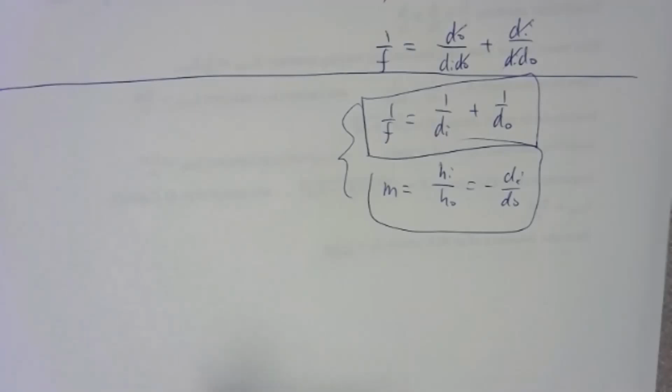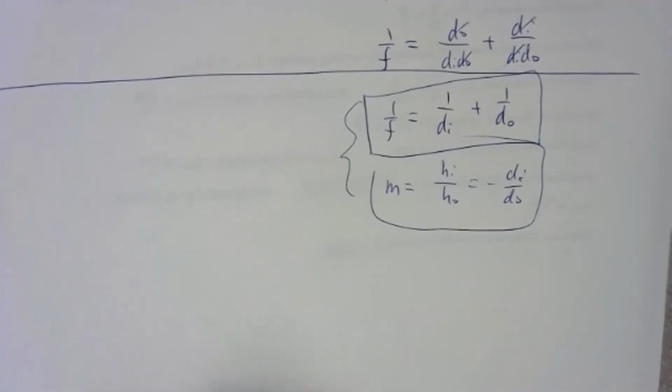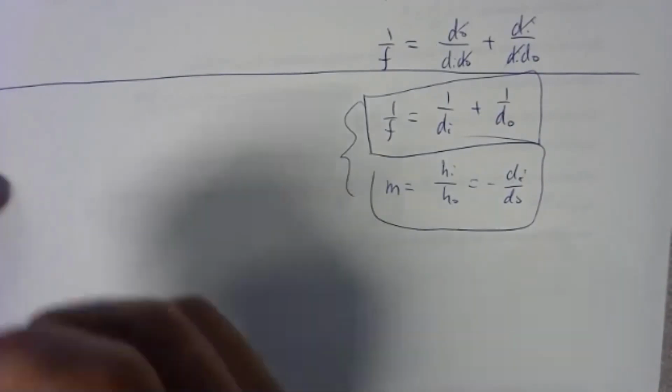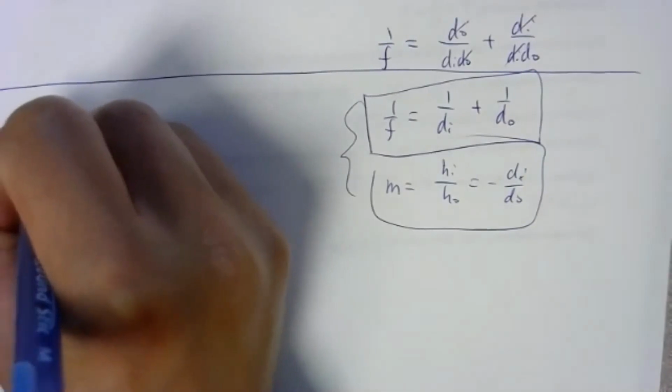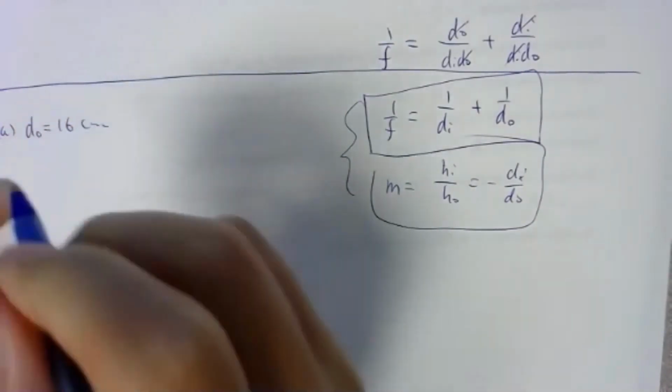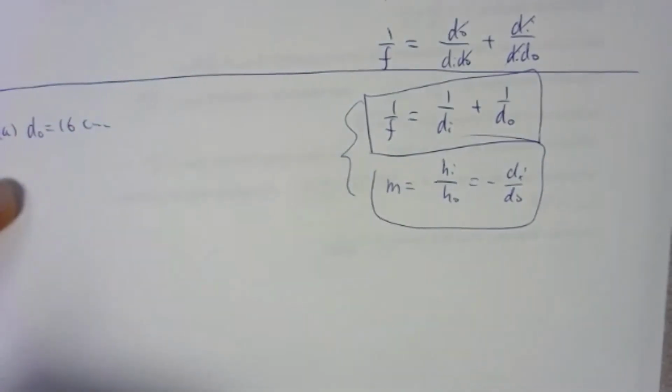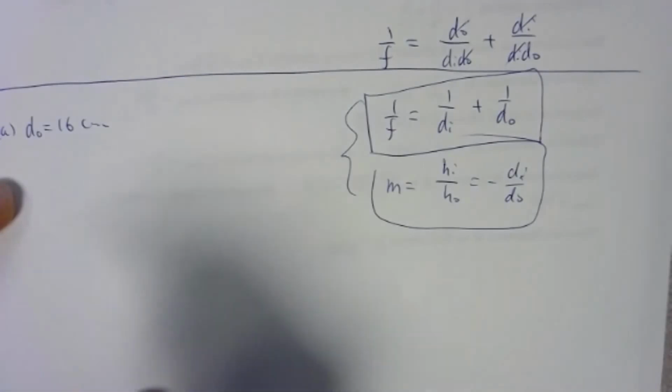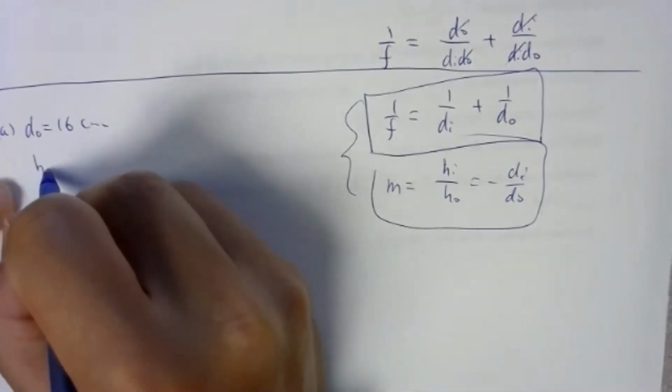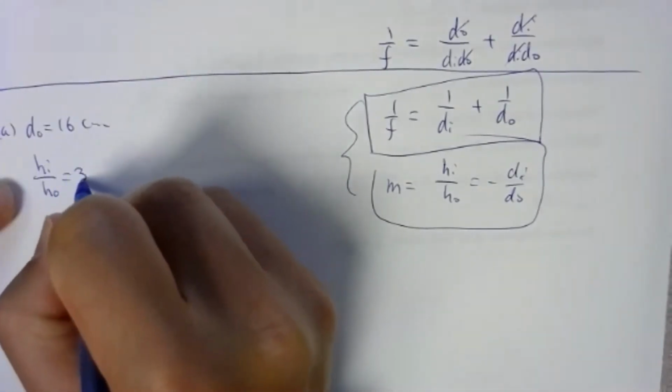All right, so let's take a look at this one here. It tells us that the object is 16 centimeters in front of the mirror, so that means do is 16 centimeters. It also tells us that it produces a virtual image that is 3 times as tall as the object, so that tells you hi over ho is equal to 3.